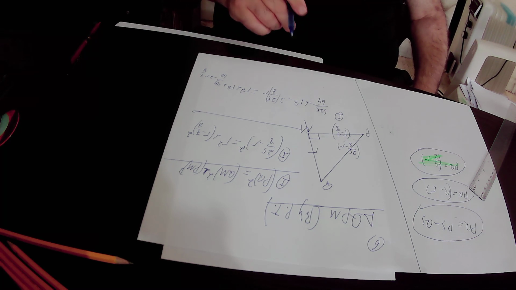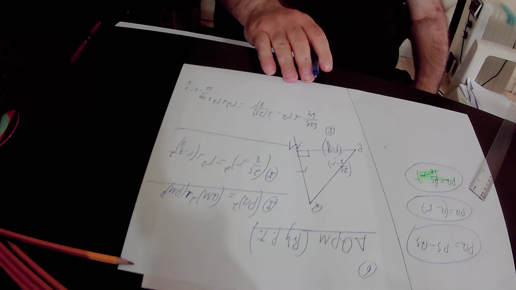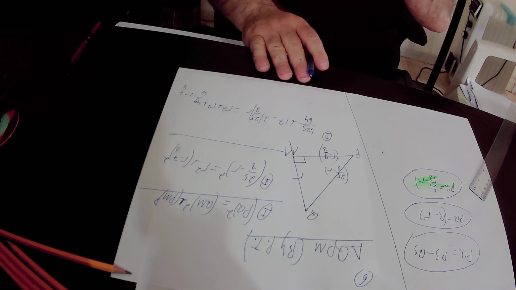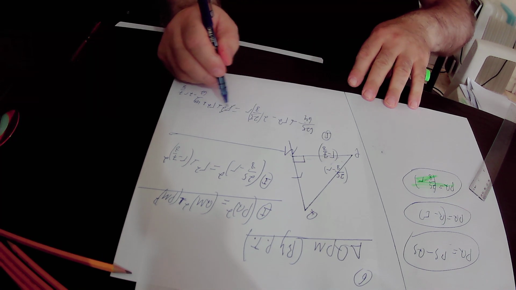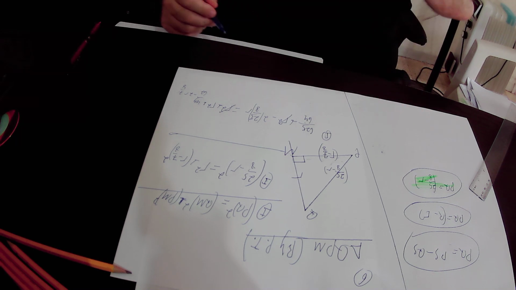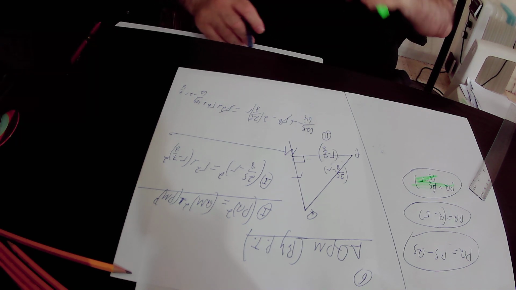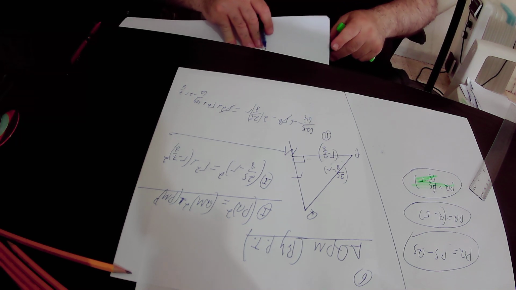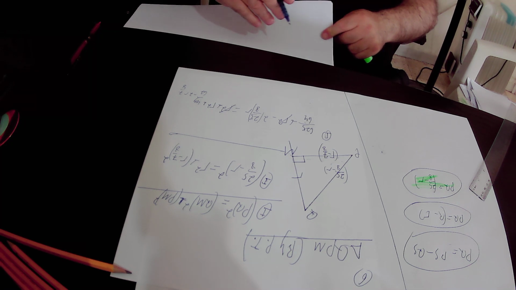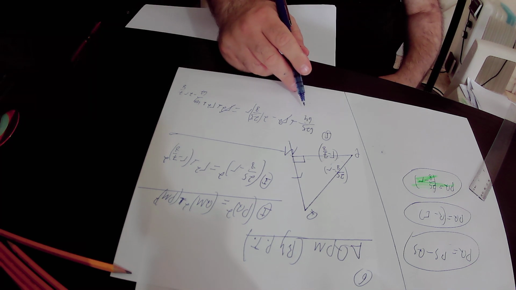So here we have r squared on both sides of equation number 1, so r squared will get cancelled. After we cancelled r squared, we are left with 625 over 64.